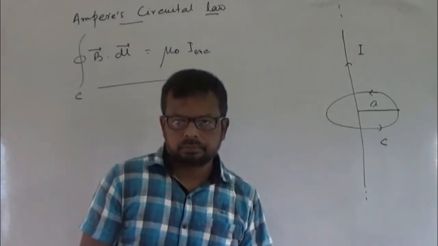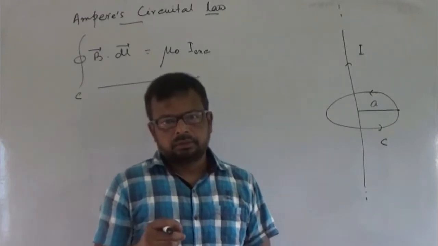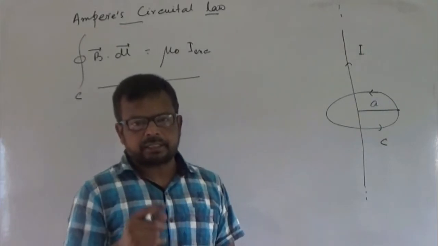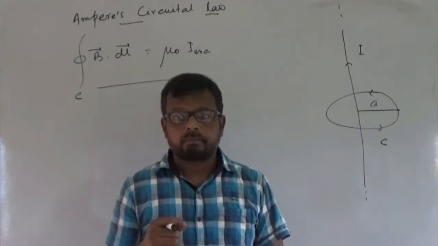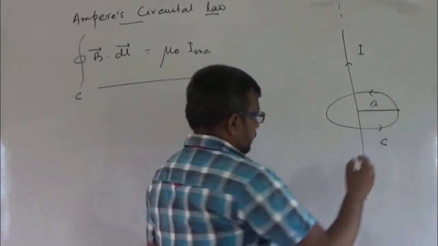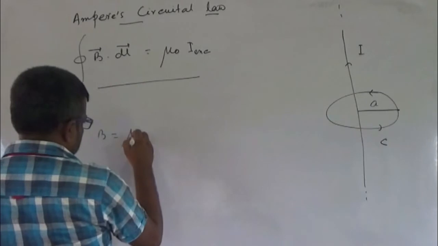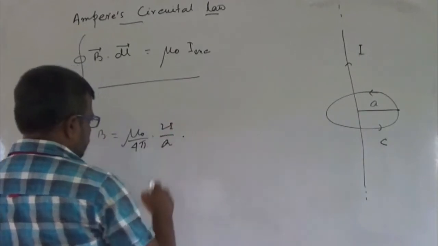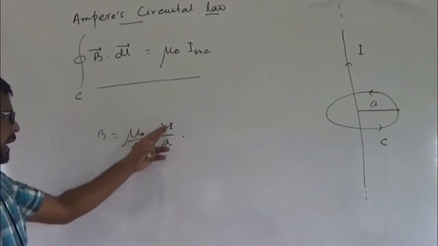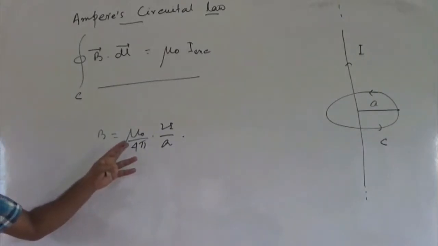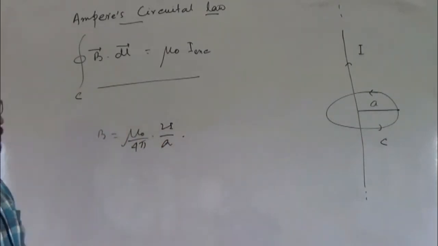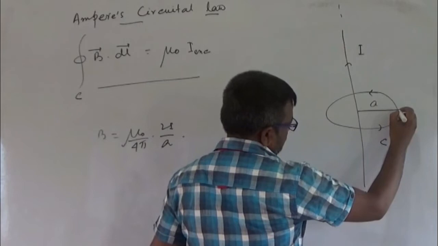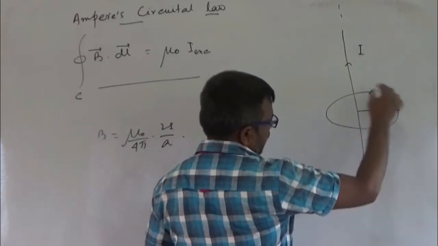Magnetic field due to an infinitely long current carrying conductor at a distance a from the conductor will be mu naught I by 2 pi a. Good. That means B is mu naught by 4 pi into 2I by a. And this B is always tangential to this closed line.